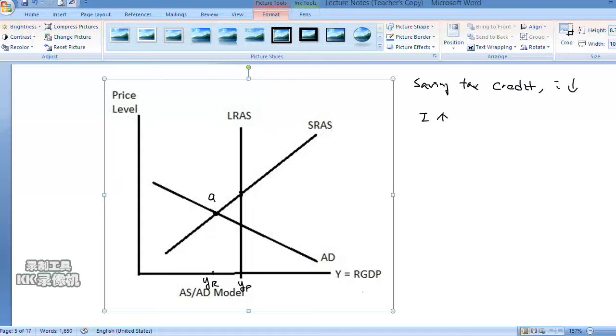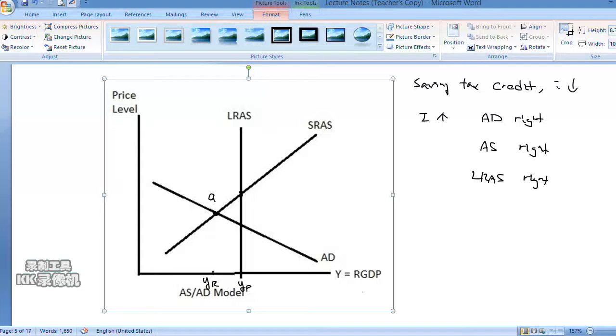Investment goes up, AD shifts right, and then AS shifts right, and long run AS also shifts right. So this is really what we are going to see.